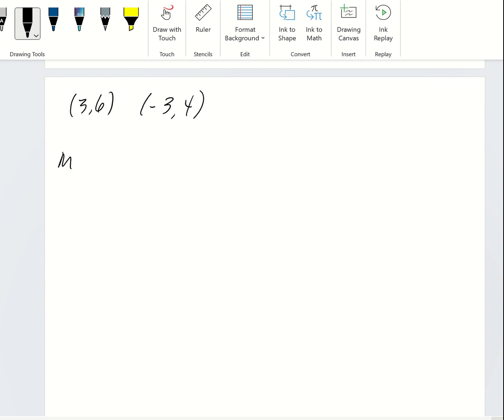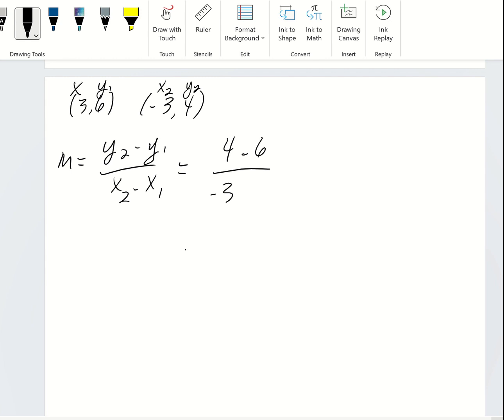So I'm going to first find the slope, which is y2 minus y1 over x2 minus x1. So if I plug all those in, this is y2, so 4 minus y1, 6, over negative 3, which is x2, minus x1, which is 3.